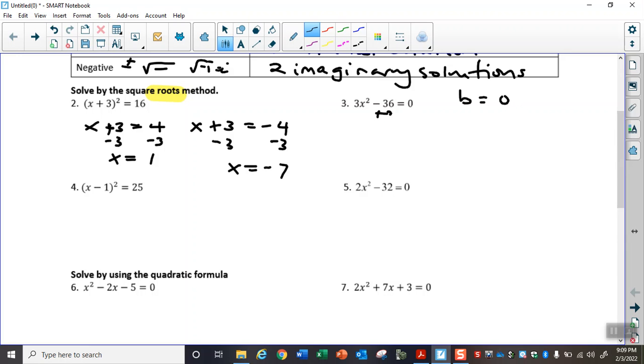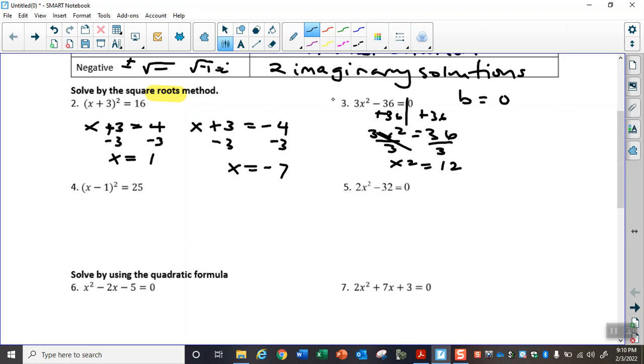So I'm going to get my numbers on one side. So I have 3x squared equals 36. And I'm going to divide by 3. That goes away. So then I have x squared equals 12.